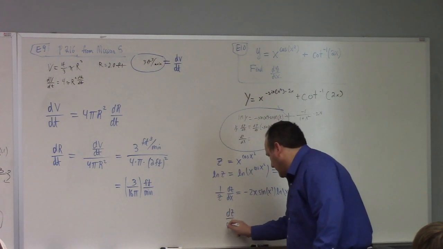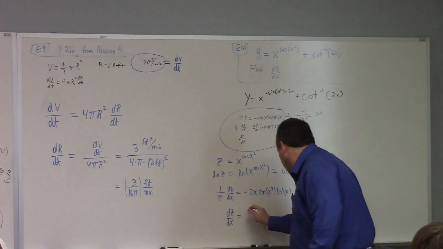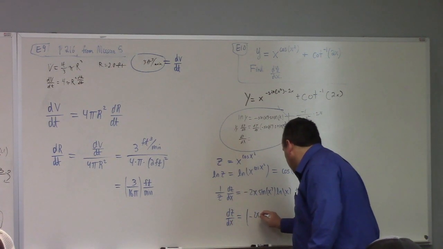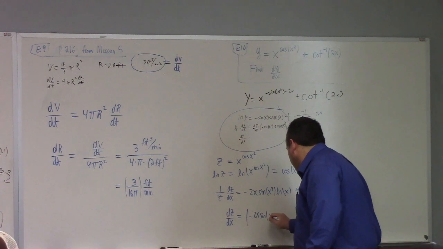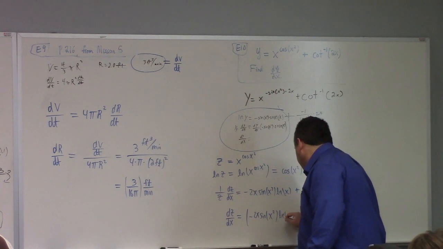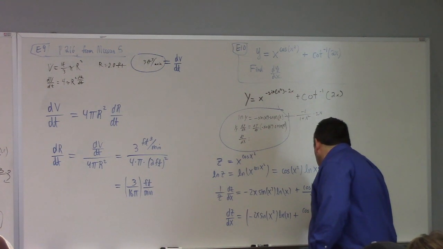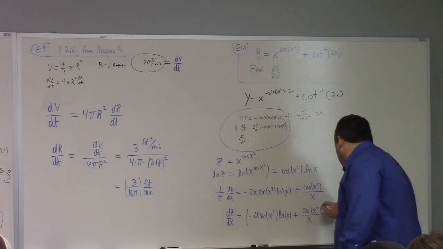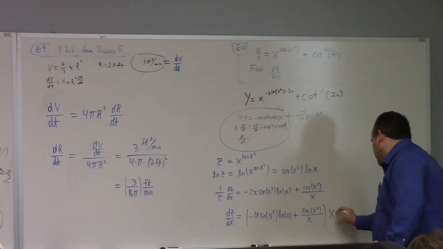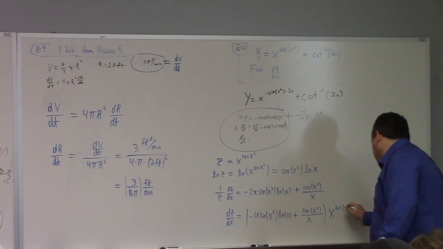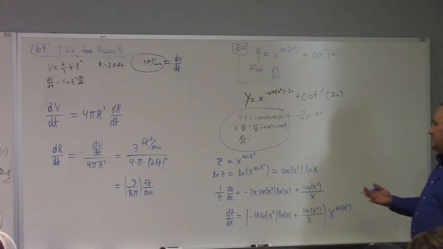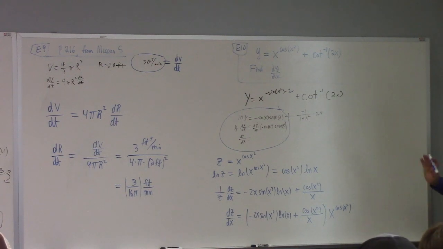I'll get out of the way here in a second, guys. dz dx is equal to minus 2x sine of x squared log of x plus the cosine of x squared divided by x, parentheses, times x to the cosine of x squared. So that's how to differentiate half of this.